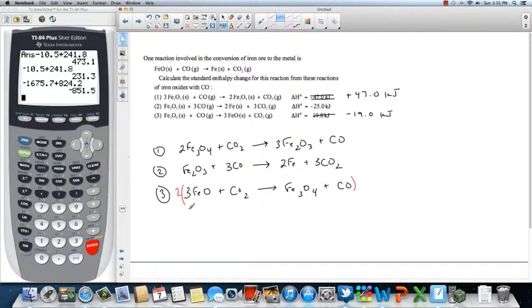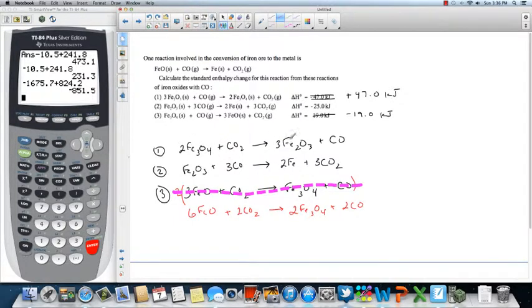If we multiply that by a factor of 2, we get 6 FeO plus 2 CO2 yields 2 Fe3O4 plus 2 CO. So we can see when we add these up, your Fe3O4 will cancel with this Fe3O4. So just for the sake of keeping things straightened out, I'm going to cross this out. We'll leave it here, but I'm going to cross it out because we've rewritten this reaction here. So that took care of our Fe3O4s.